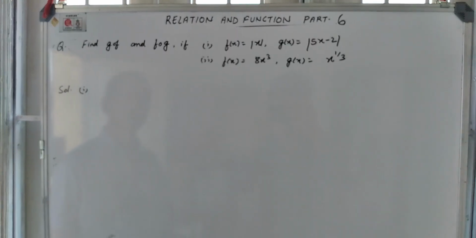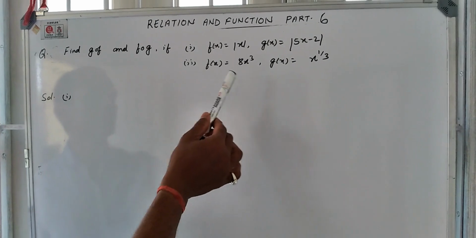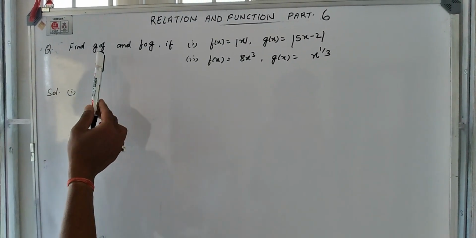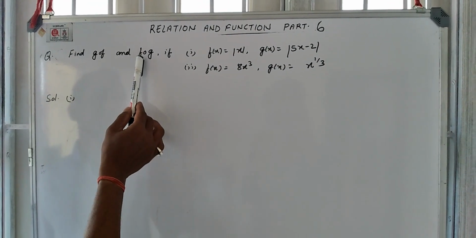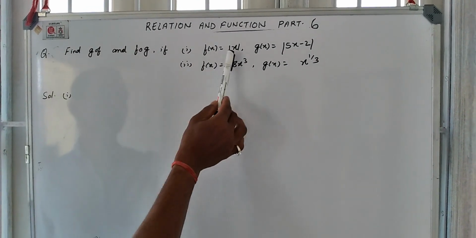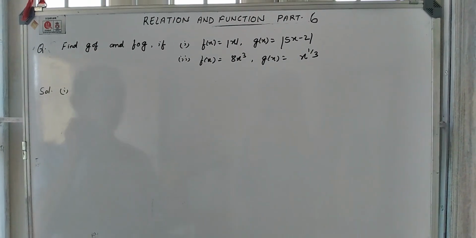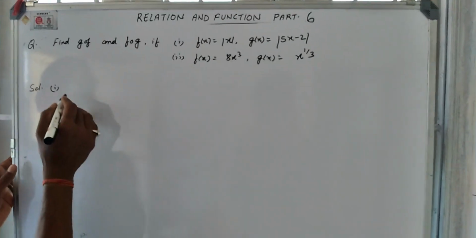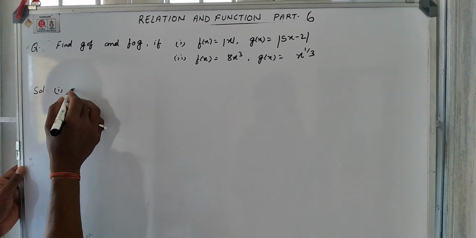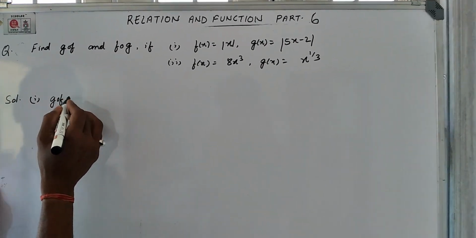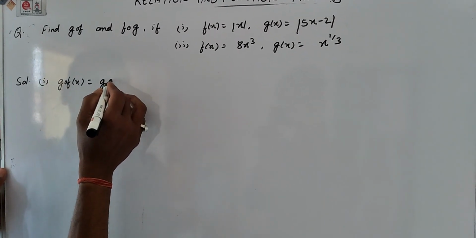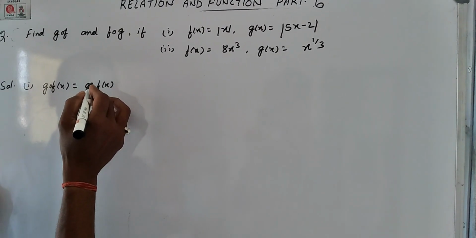Now take one question based on composition of two functions. In this question we have to find g circle f and f circle g for each part. So first f(x) is given and g(x) is given. First of all we have to find g circle f. That means you put x here, g(f(x)).